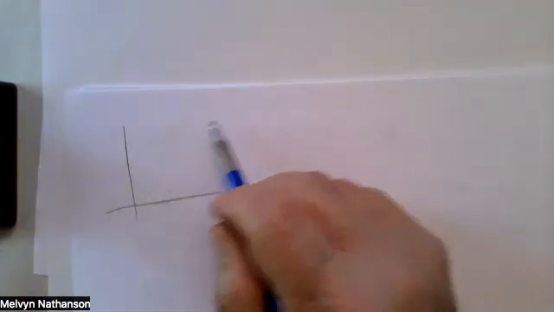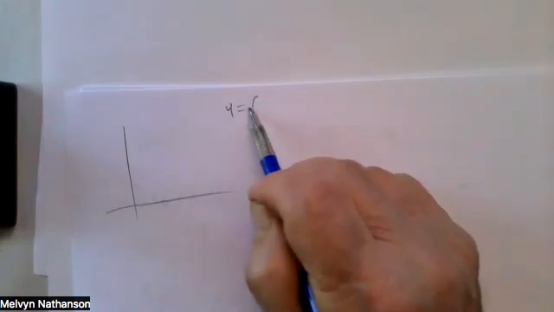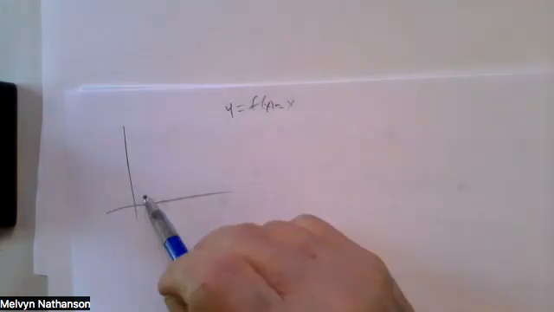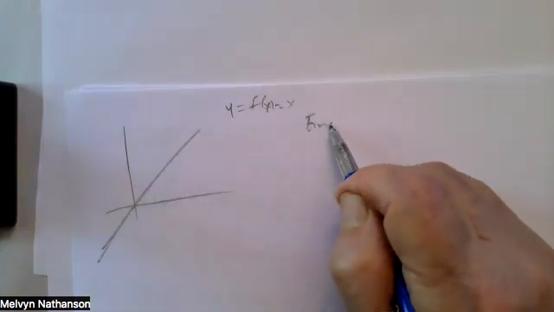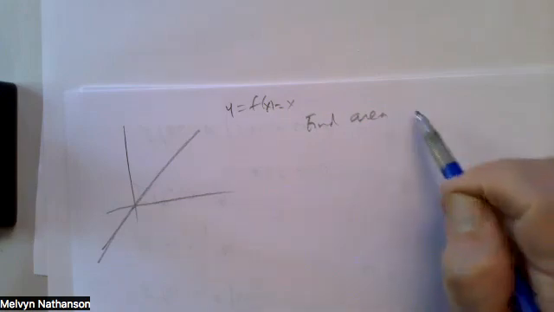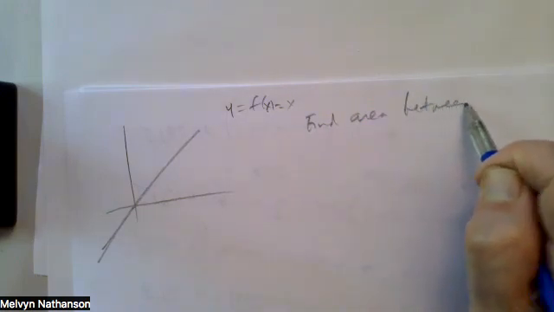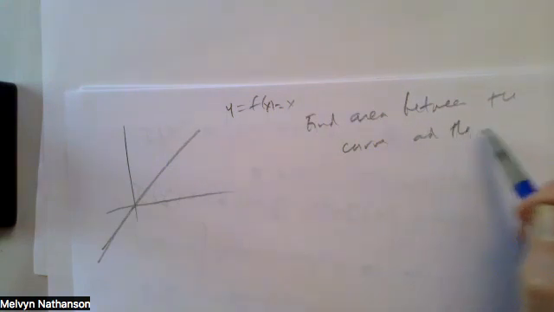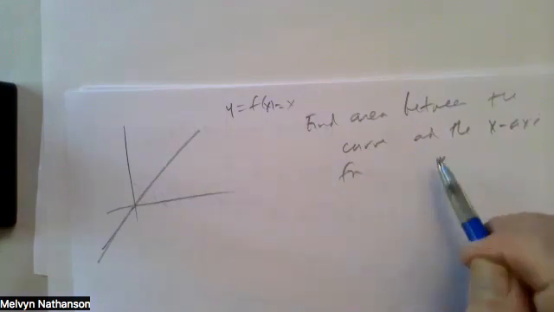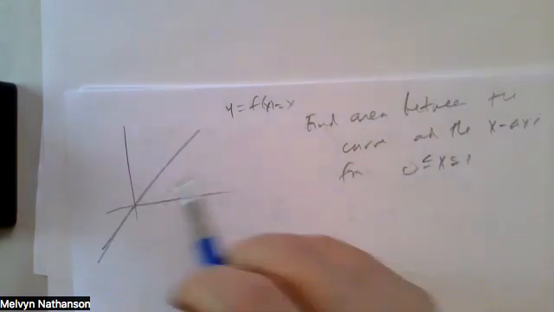So for example, suppose you have the function y equals x, and we want to find the area between the curve and the x-axis, let's say for x between 0 and 3.